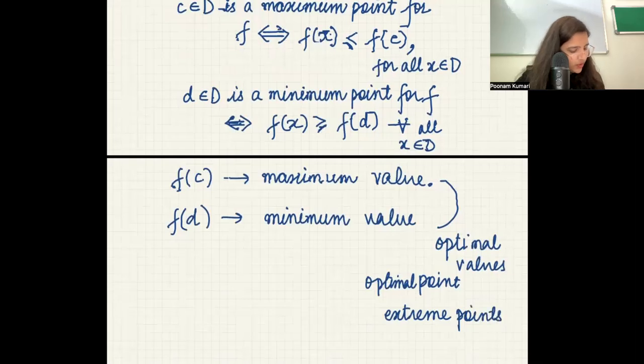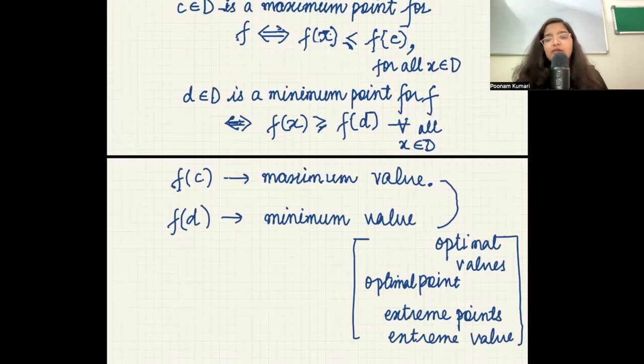You can also say that these are extreme values. So these are different names which are quite common for your point of maxima or your point of minima. So these are all the different names by which you can see your problems being asked. So there are quite different kinds of names, and these are some common names that are being used.